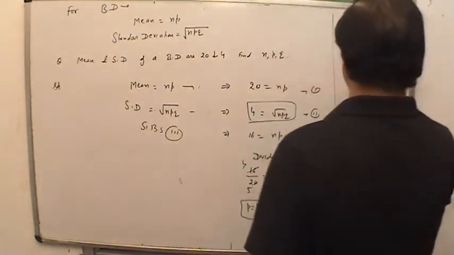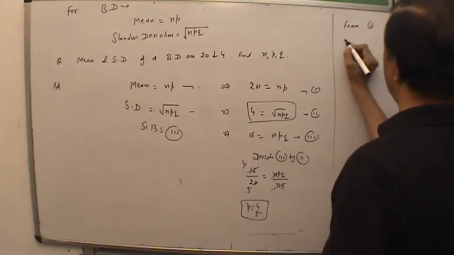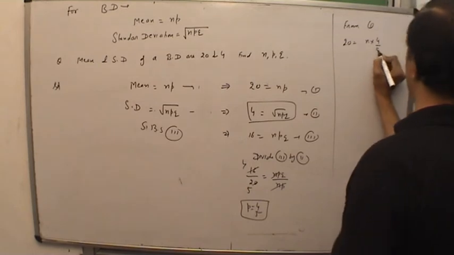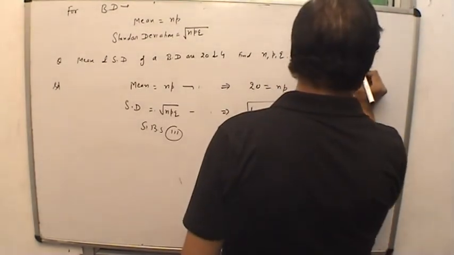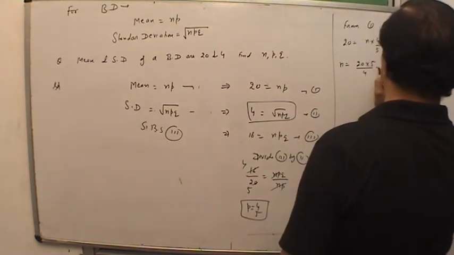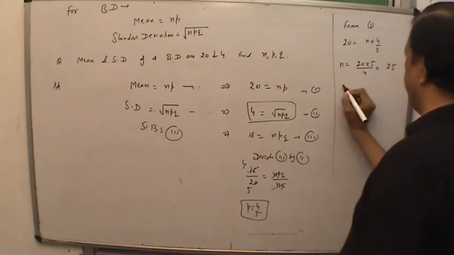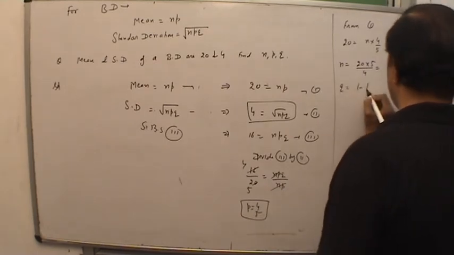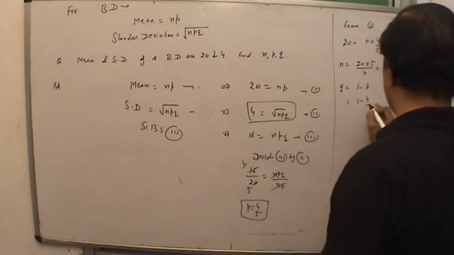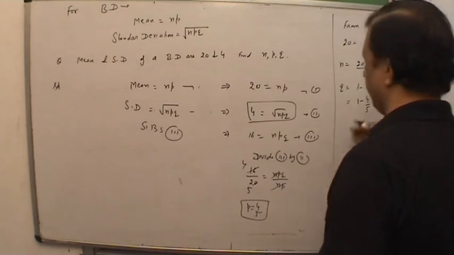From 1, 20 is equal to n into 4 upon 5. Therefore n is equal to 20 into 5 divided by 4, that is equal to 25. And q is equal to 1 minus p, that is equal to 1 minus 4 by 5, that is equal to 1 by 5.